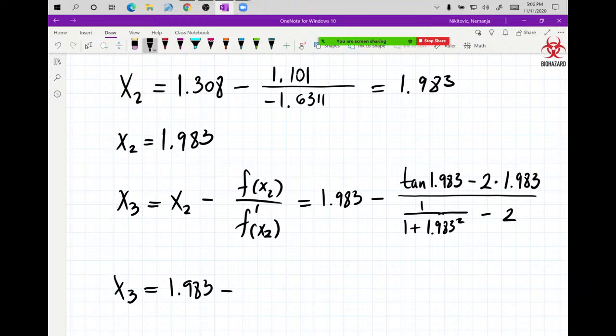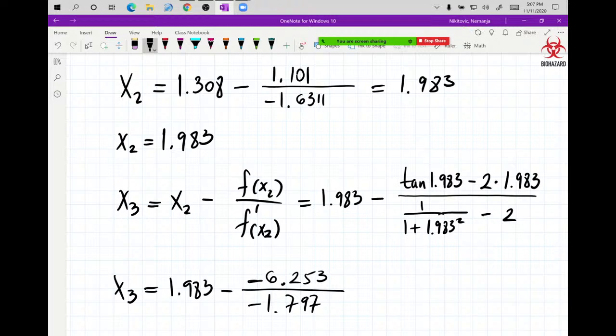The top works out to be negative 6.253 divided by, now the bottom, 1 divided by, open parenthesis, 1 plus 1.983 squared, and then all of that minus 2 gives me negative 1.79725, blah blah blah.